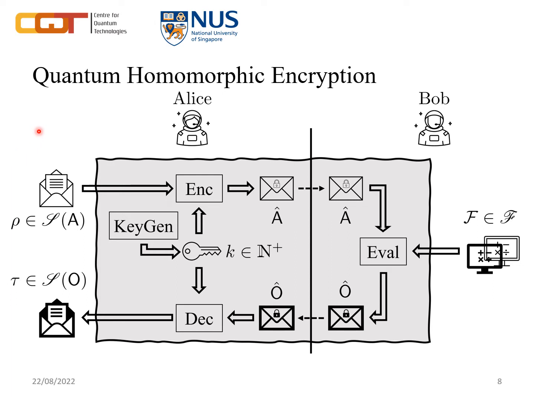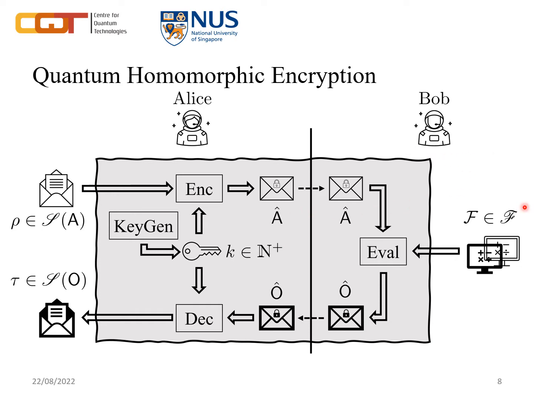In a quantum homomorphic encryption scheme, Alice, the client, has an input row of an unencrypted system, A. She wants to delegate some computation to Bob, the server. Alice first uses the key generation map to generate an encryption key. Then she uses the encryption map and the key to encrypt her input. We denote the encrypted system by hat A. After that, Alice sends her message to Bob.